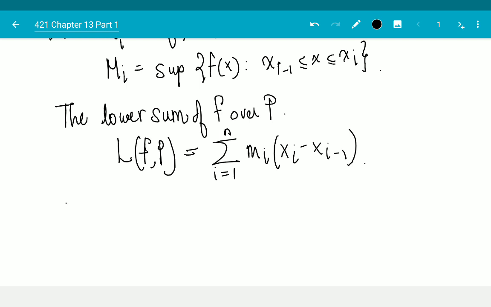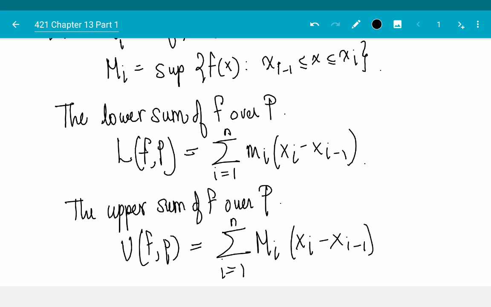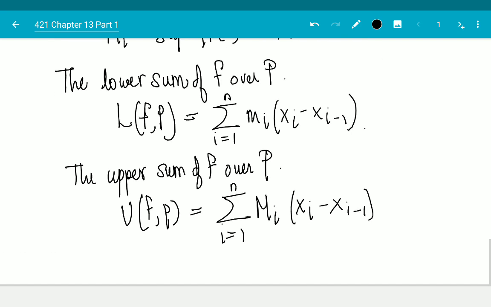And the upper sum of f over P will be denoted U of f comma P, and is similarly going to be the summation of capital Mi times xi minus xi minus 1.